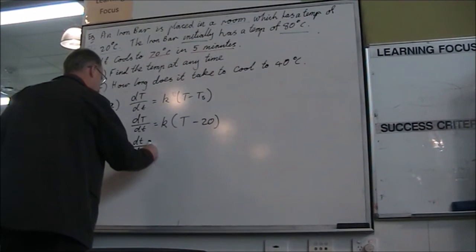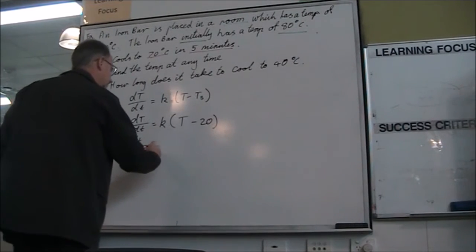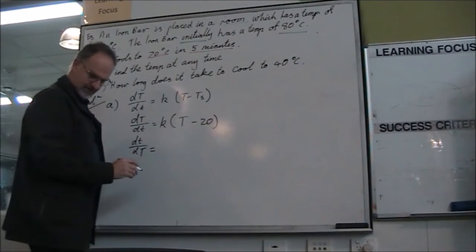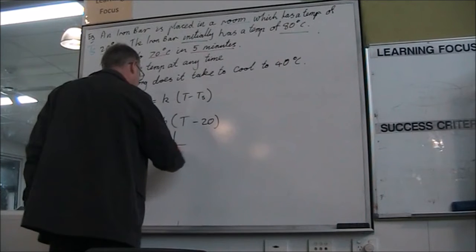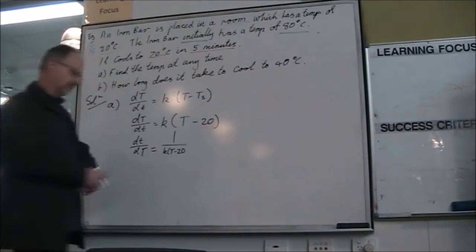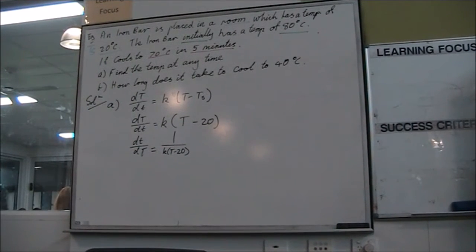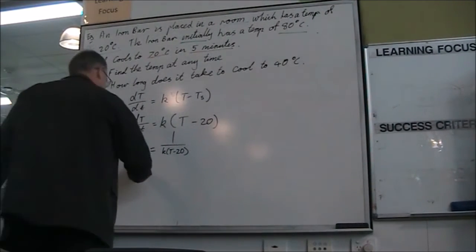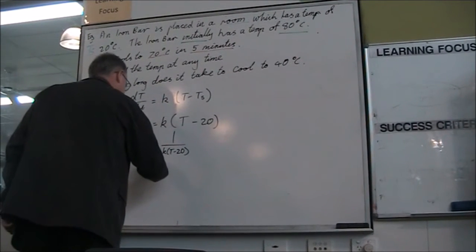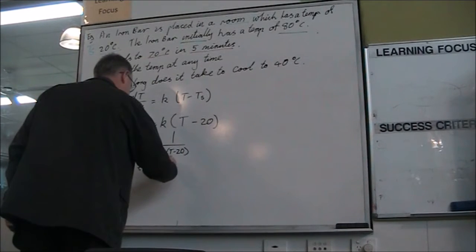So it's 1 over all that stuff. Close the bracket. All right, then time, constant out.